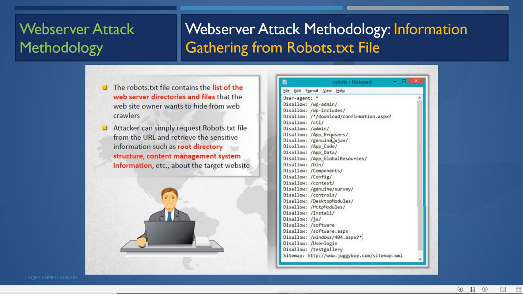If the site is revealing this robots.txt file, the attacker can see the root structure of the website, like the top directory, the different directories they have, and which directories have the sensitive data.